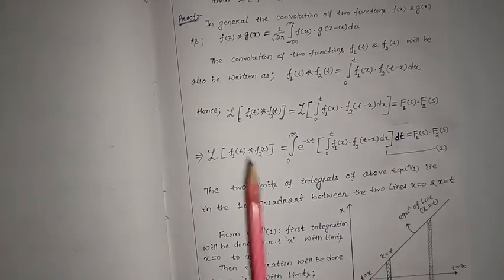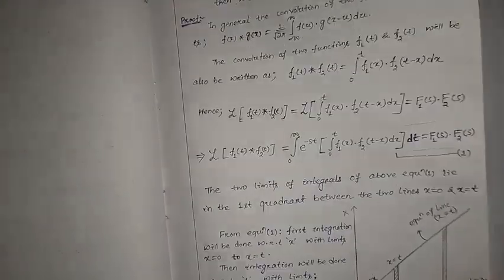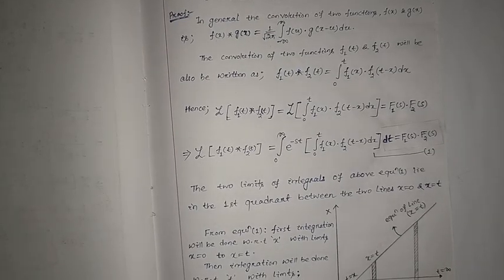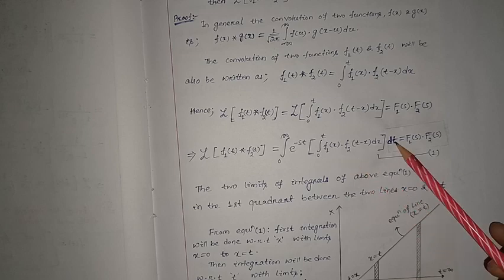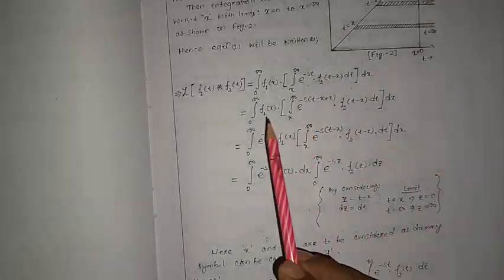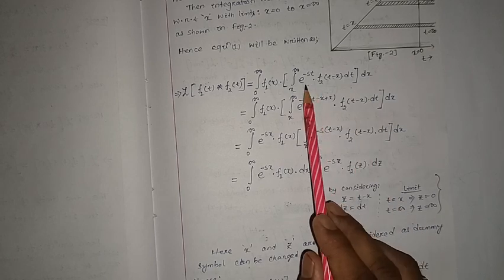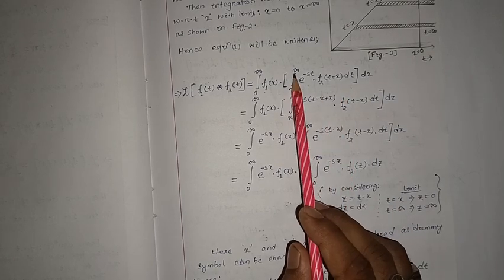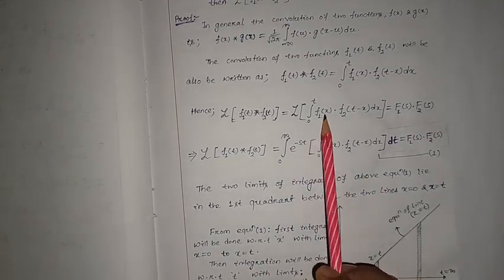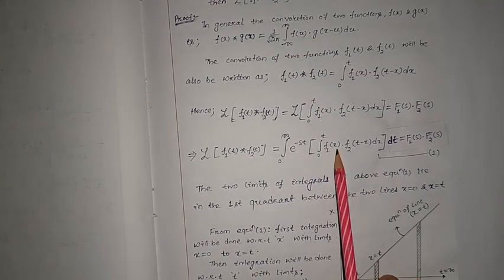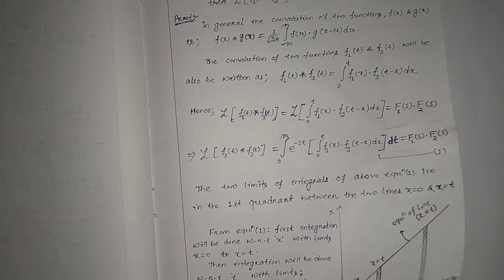the Laplace transform of the convolution of the two functions f1(t), f2(t) will be equal to, here in equation number 1, t changes from 0 to infinity. So here x changes from 0 to infinity, and t changes from x to infinite. Here you can see f1 is a function of x only, but f2 is a function of t and x.